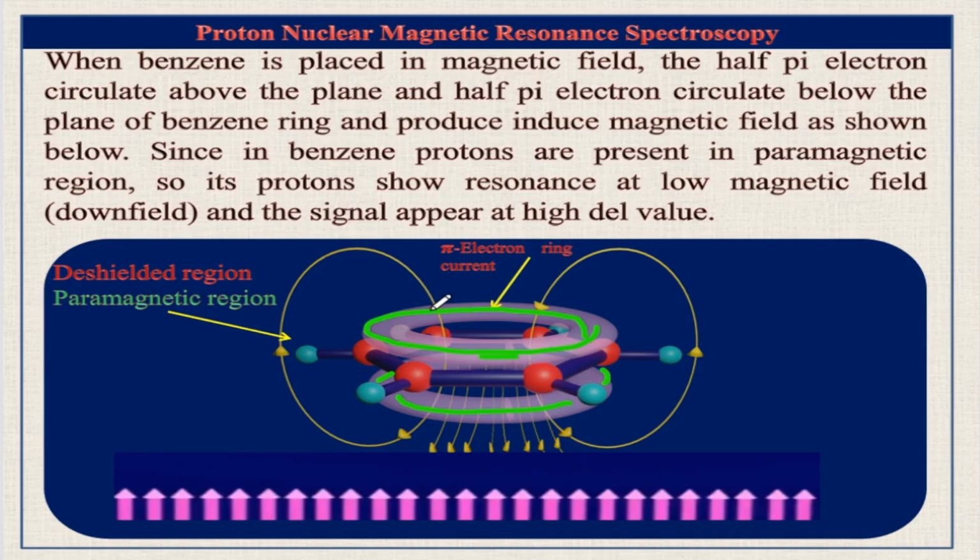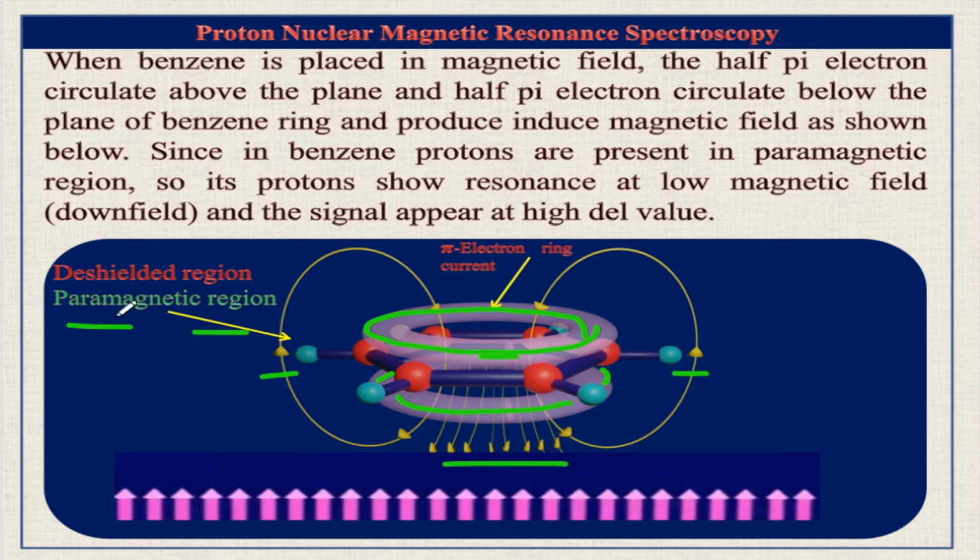So the pi electrons circulate in a ring current form and generate a magnetic field. In the center part is the diamagnetic region, and the outer part is the paramagnetic region. So in benzene the protons are present in the paramagnetic region.